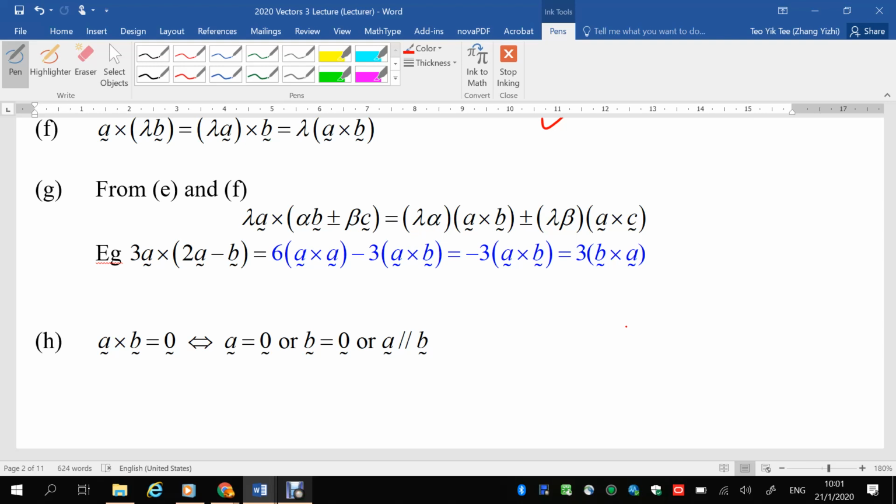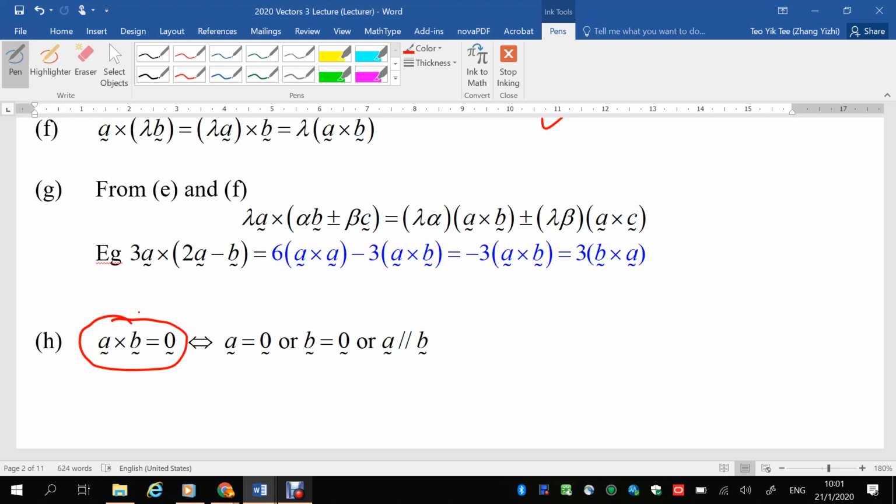Okay, H. Can you please put an asterisk again? This is always tested in exams. If I tell you a cross b is equal to 0, you can infer 2 possibilities.